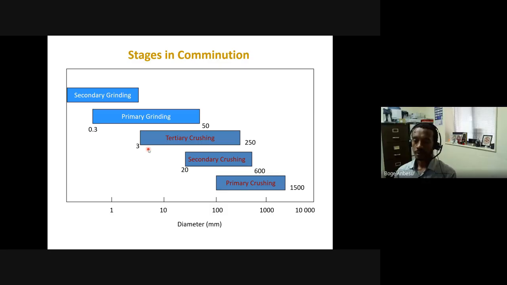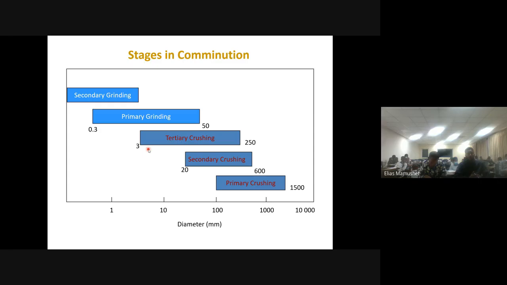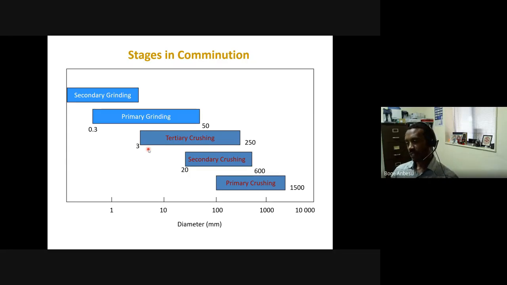Isn't it possible to produce materials having different sizes as much as impact crushers can, using jaw crusher, cone crusher, and other different crushing equipment?